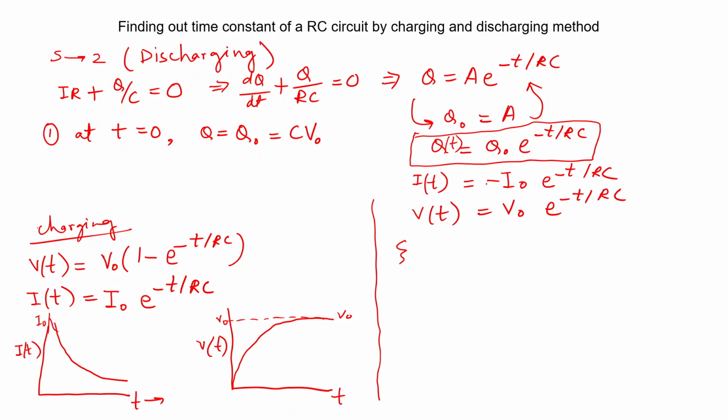Here, the negative sign for the current shows that while charging the direction of current was opposite to the direction while discharging. So these are the expressions for current and voltage at any time t while the capacitor is discharging.